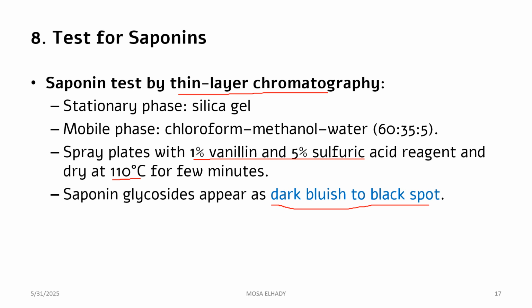So TLC consists of a stationary base and a mobile phase. Here we use silica gel as the stationary base and a mobile phase of chloroform, methanol, and water, while the spray reagent is vanillin and sulfuric acid. The interpretation we obtain at the end of this test is a change of the color of the spot to dark bluish to black color.